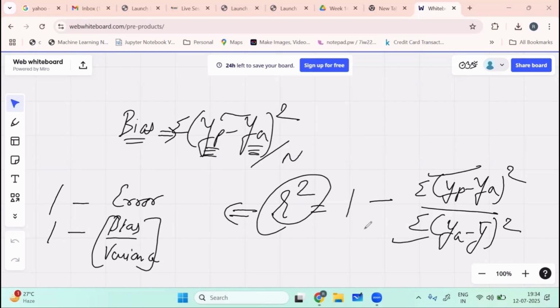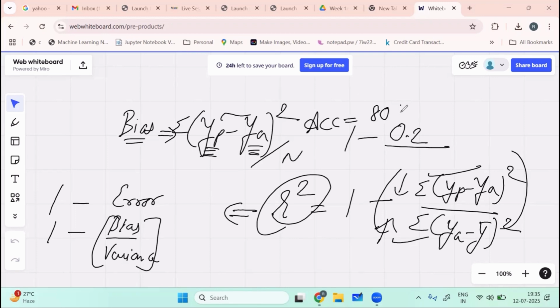So if variance is high, let's say bias is low, this portion will be high or low? If variance is high, this item would be low, right? Assume that this low is 20%, 0.2, which means accuracy is high. 1 minus error is what? Accuracy, so 80%, correct?